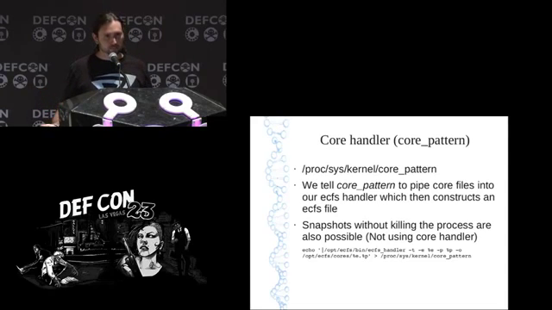So we tell it to pipe it into the standard input of the ECFS handler, which then essentially dazzles that core file up, totally transforms it, and then spits out an ECFS file. So that command right there is just a basic command of how you would enable ECFS on the system. You can also snapshot a process without killing it, without having to core it. And that's obviously handy as well for when you don't want to kill a process.